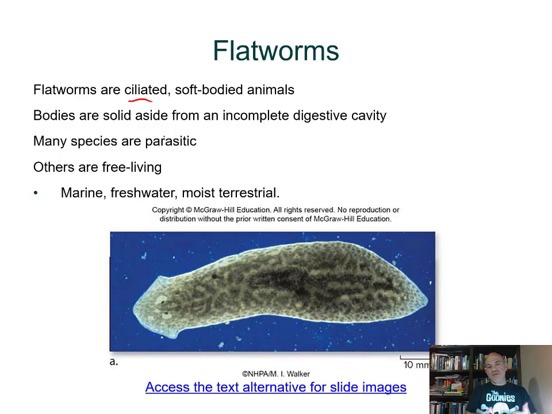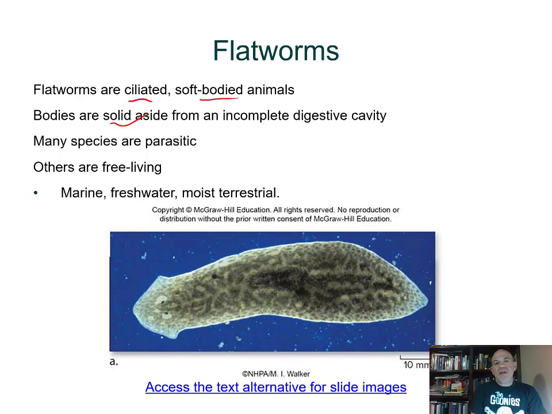Their outer epidermis would be covered with cilia, and then they do have musculature that allows their body to move around. I have some video that will be playing while we watch, and you can see some of the way they move around. Overall, they're soft-bodied. They don't have a hard skeleton of any sort.